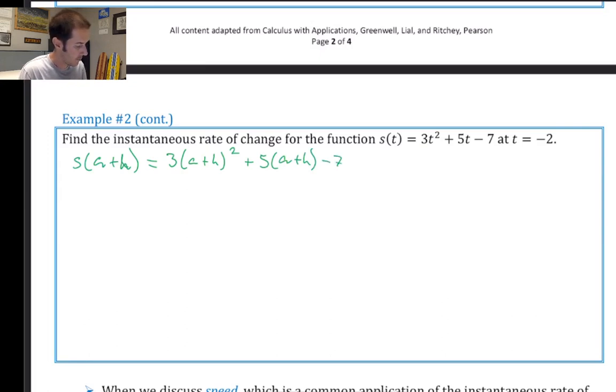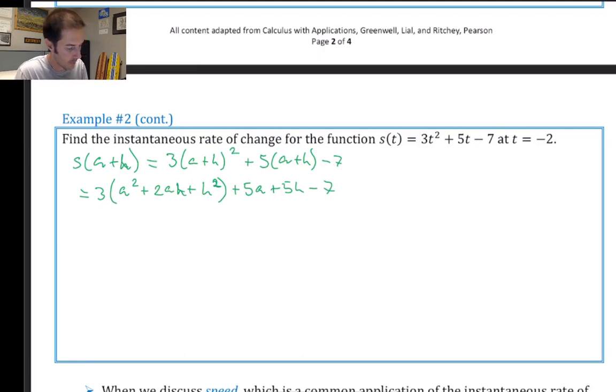and I'll try to keep working vertically here. Let me move over to the left a little bit because this thing's going to get not out of control, but it is going to get lengthy. We've got 3 times a squared plus 2ah plus h squared, close, plus 5a plus 5h minus 7.